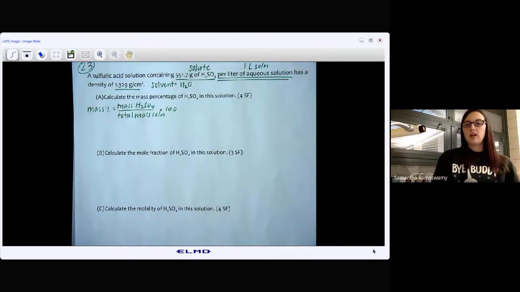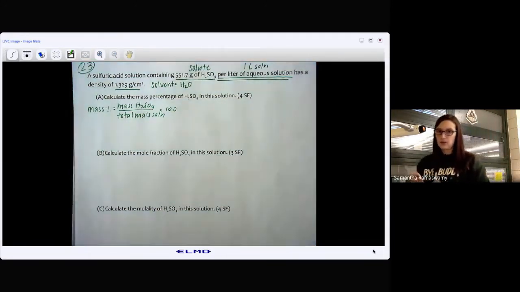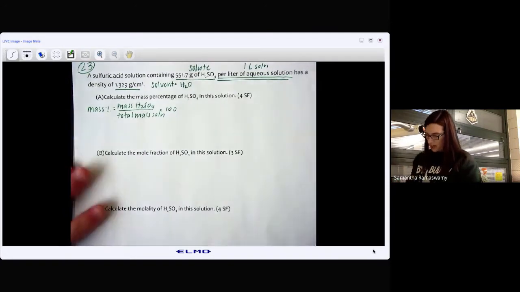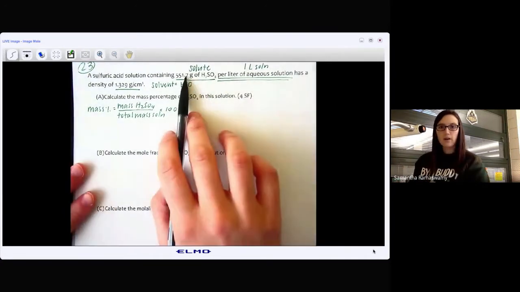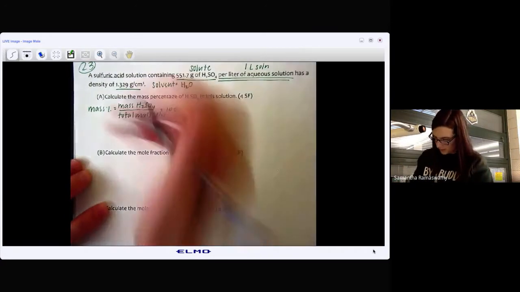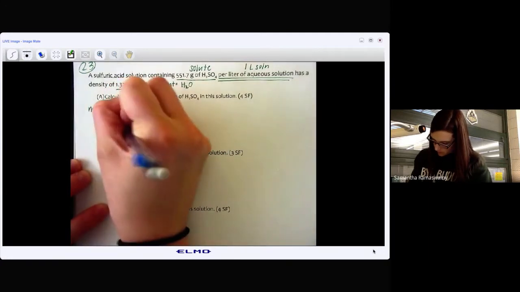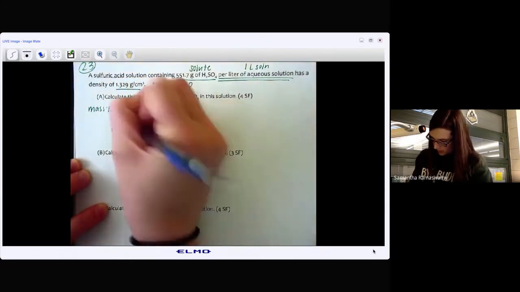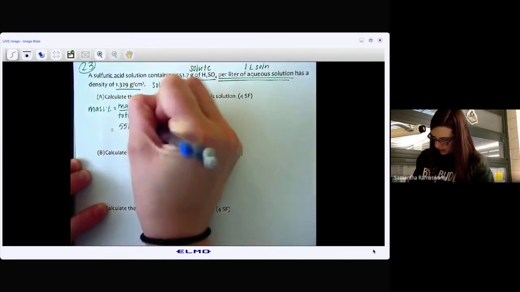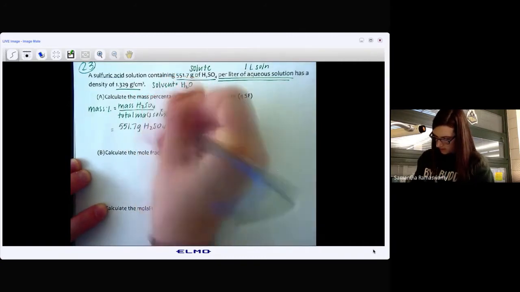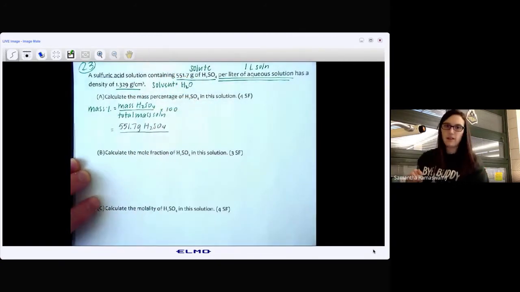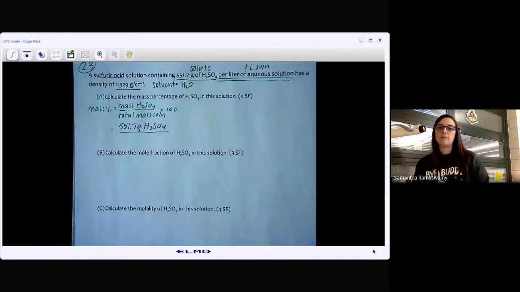So the mass of H2SO4 goes up on the top. I know the mass of H2SO4 because they told us in the problem: 551.7 grams of H2SO4. I need to figure out the total mass of solution.